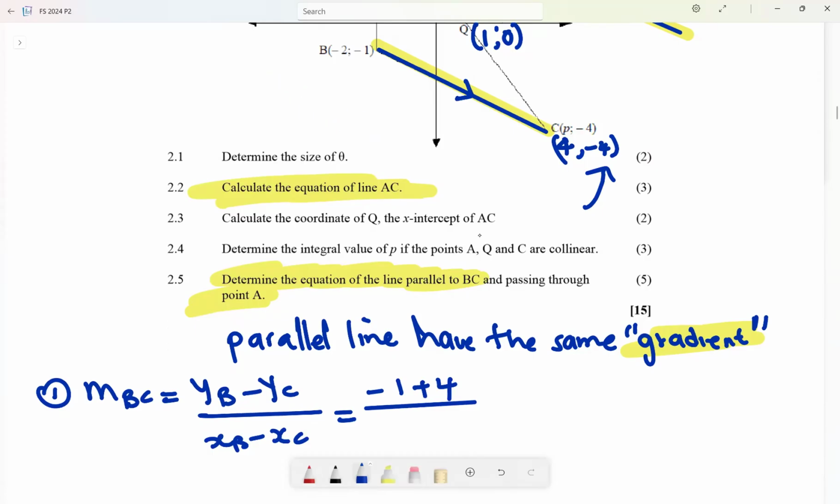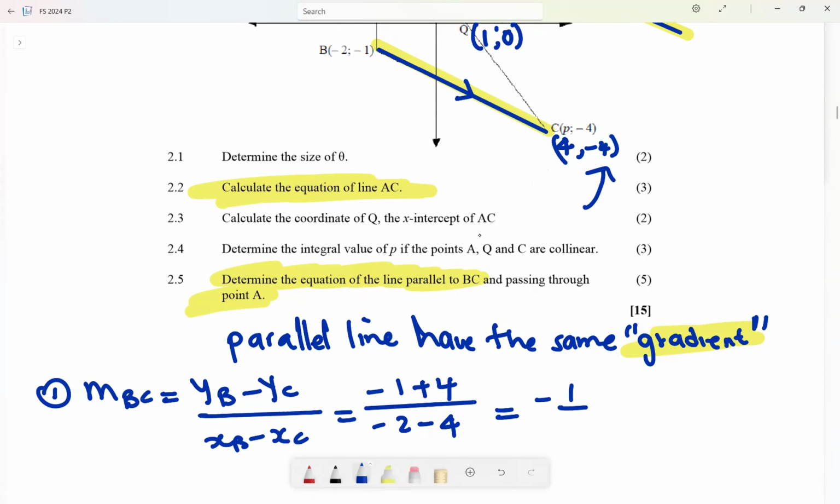Then x of b, it is -2 minus what is x of c, this form. When I calculate that, I get 3 divided by -6. I think it is -1/2. Yeah, it's -1/2.